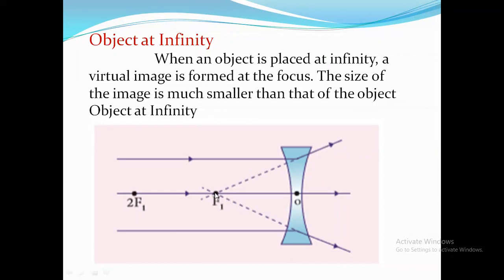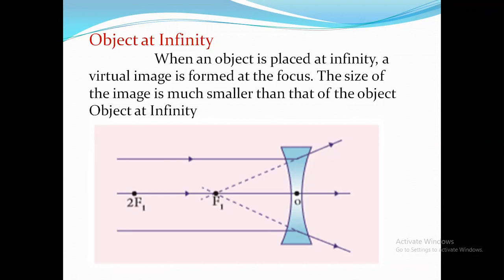Here, in the concave lens also, when the object is at infinity, the image is formed at the focus, but on the same side, not on the opposite side. At infinity, a virtual image is formed because the refracting surface is curved inwards.